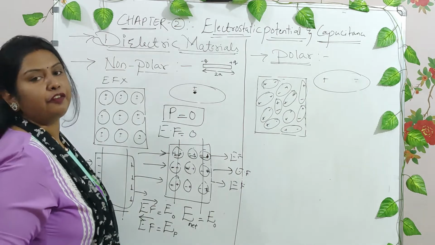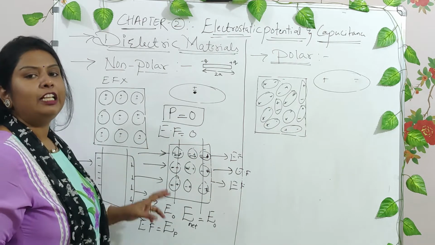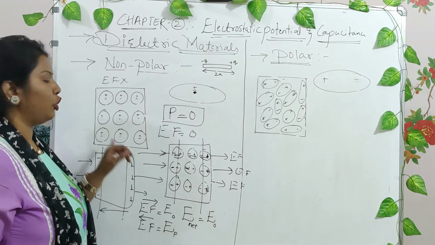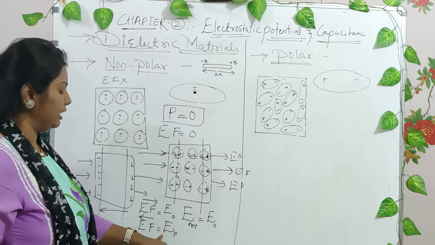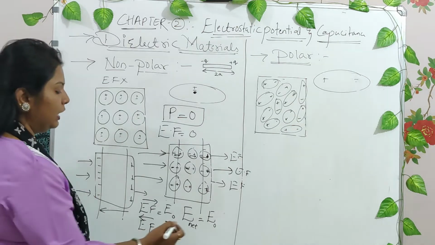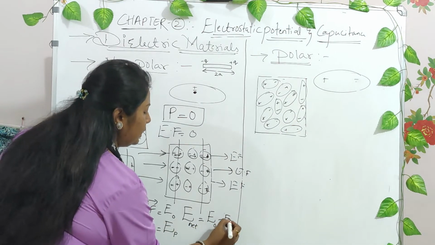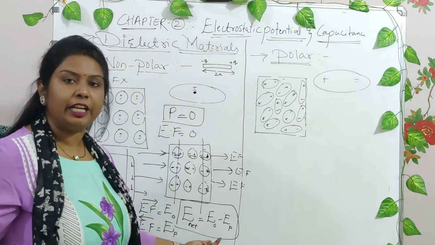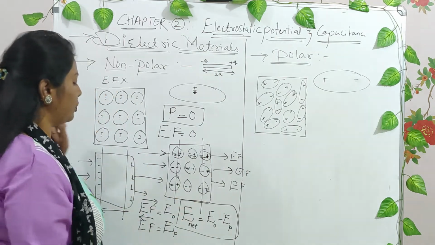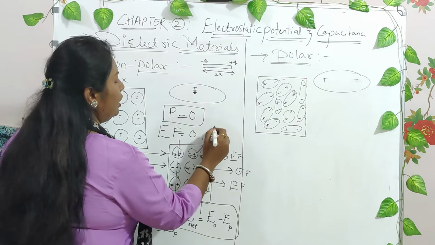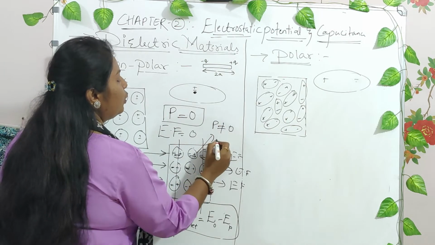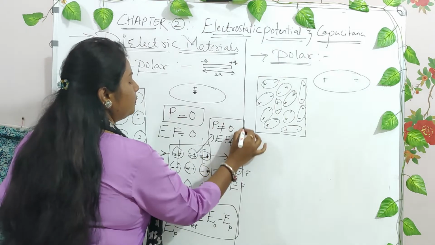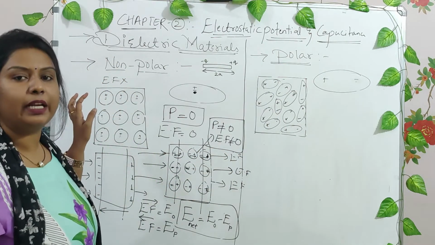The net electric field on this particular medium will be the difference of both electric fields, the one that is applied and the one that is created by the dipole, that is E naught minus E P, right? Then you get some electric field here, right? Now at this particular point, the dipole is not equal to 0 and you get some electric field which is also not equal to 0. Did you understand? Right?